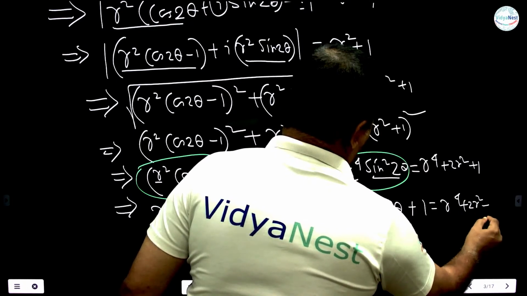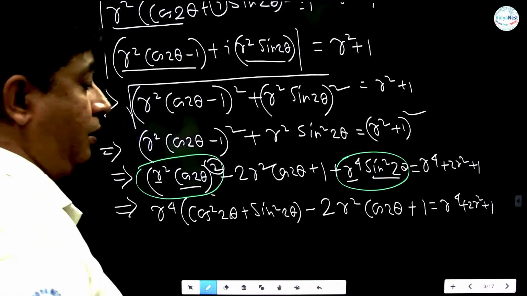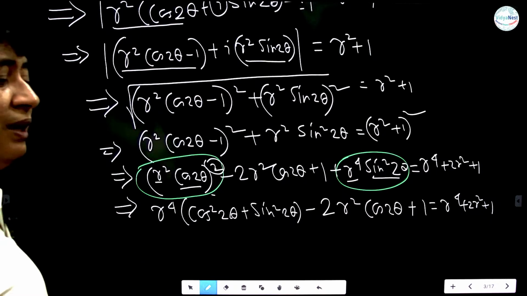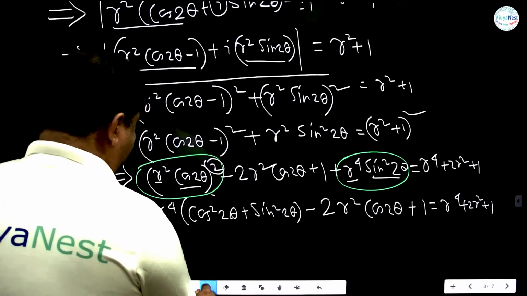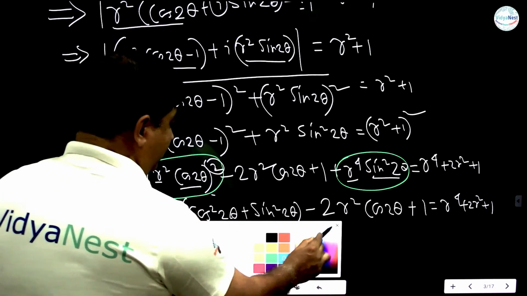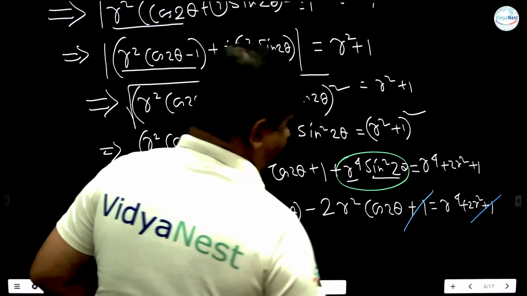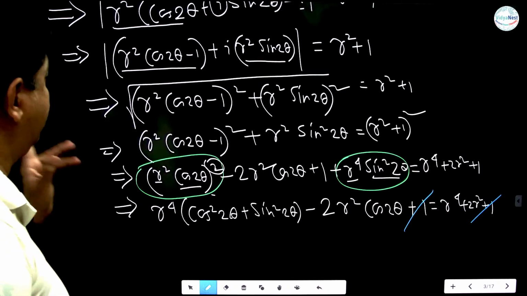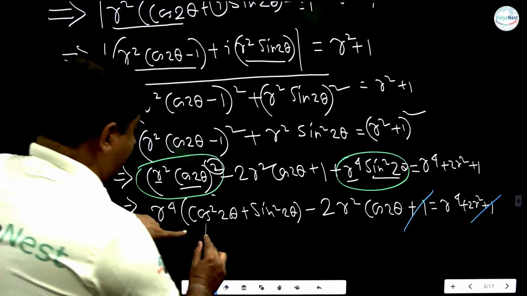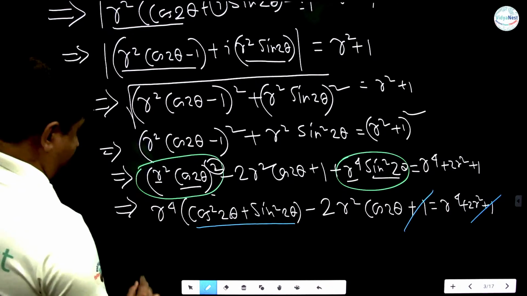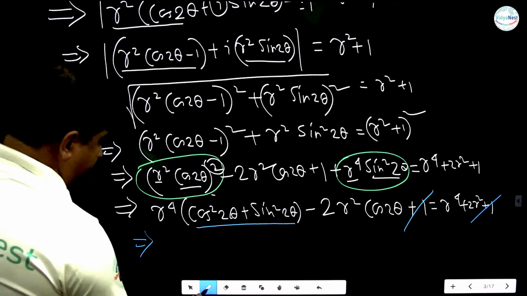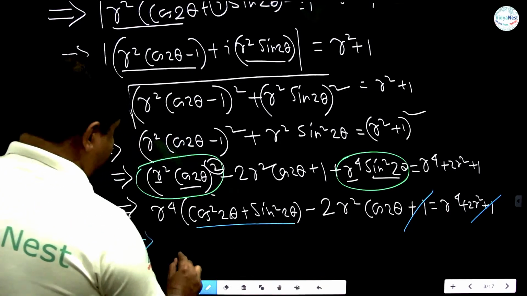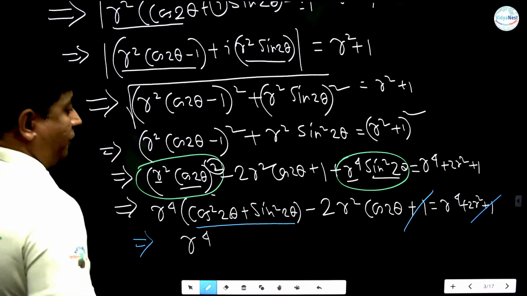Now if you observe carefully, from both sides any term can be cancelled. Yes, one term automatically you can cancel, that is 1. है कि नहीं? ठीक है? हाँ. Now this part will give you what? 1. So that will be turned into r to the power 4.